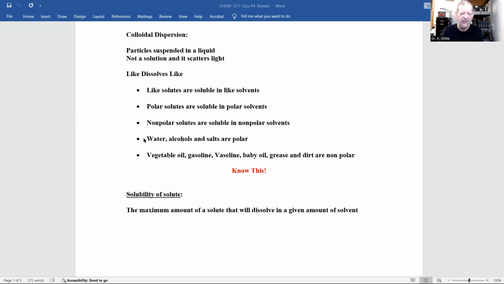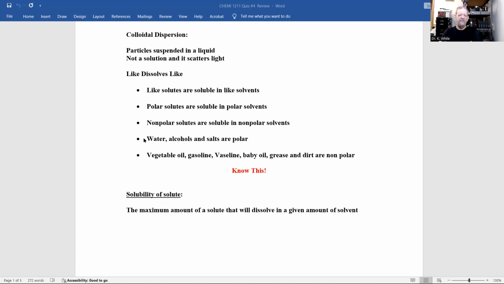Like solutes are soluble in like solvents, and we break this down to polar solutes are soluble in polar solvents, and nonpolar solutes are soluble in nonpolar solvents. And when you mix the two together, guess what? They don't form a solution. They separate into a heterogeneous mixture.